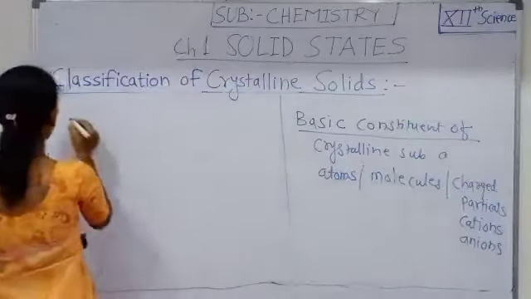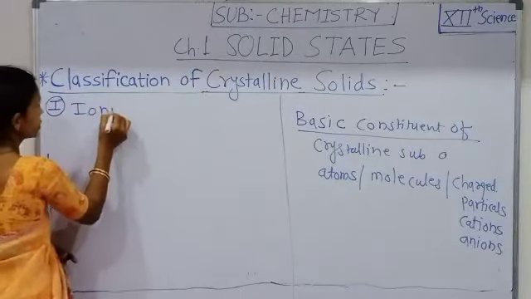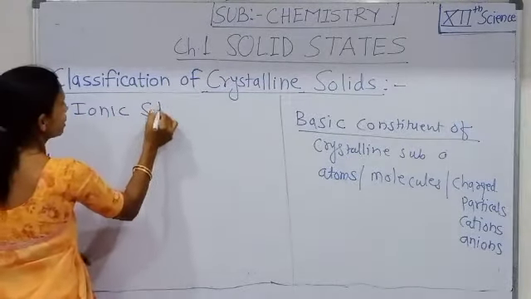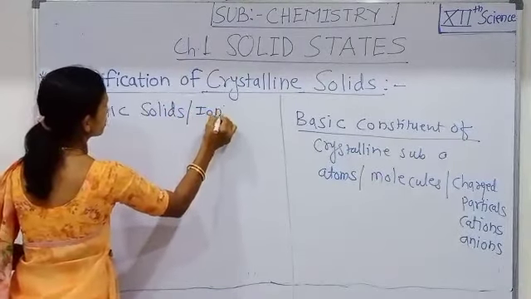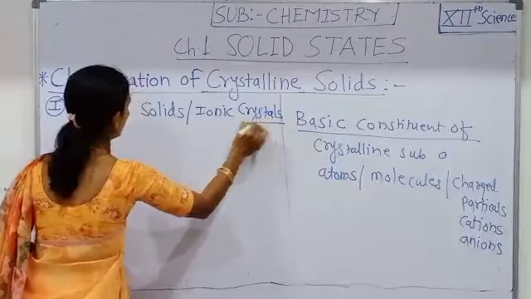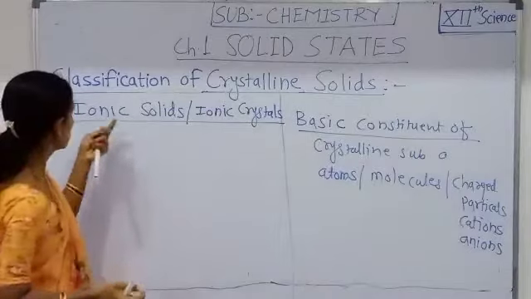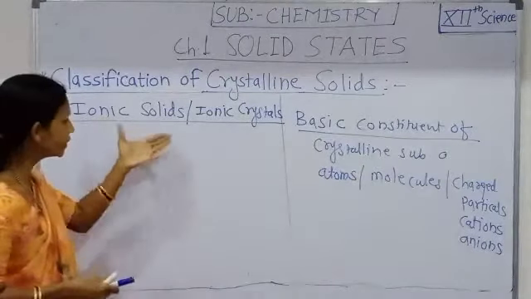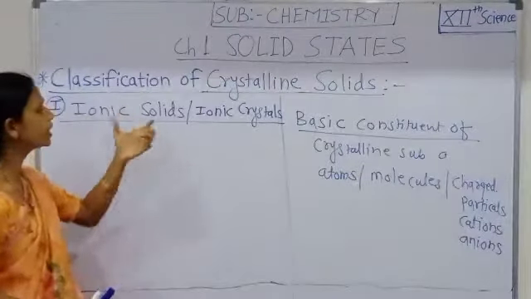The first one is ionic solids, also known as ionic crystals. Focus on the name of this type of crystalline solid, that is ionic solid.